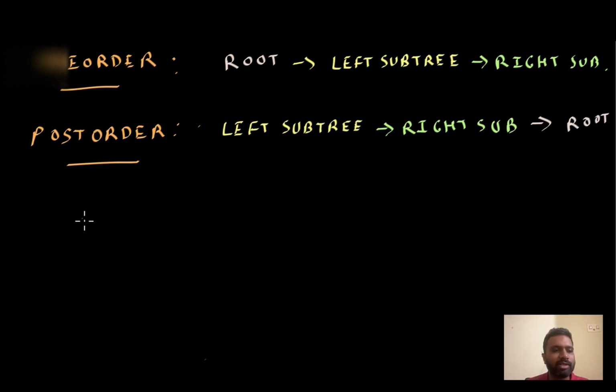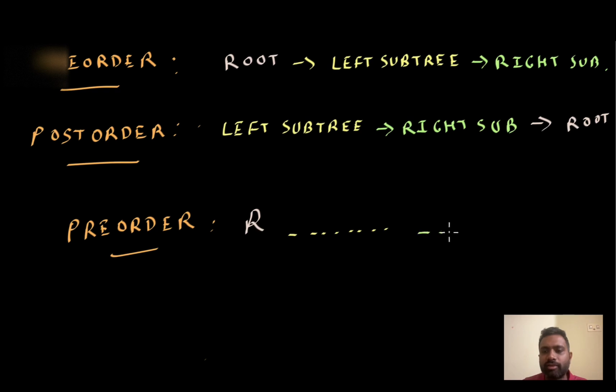So given a pre-order and post-order traversal of some tree, how many things you can identify? Let's check it. So let me write some sequence. So first will be root. So from a first node of a pre-order, I will identify the root. That is easy. Then some subsequent nodes will be there. That is for a left subtree. Let me denote it with a yellow color. Then again there will be some subsequent nodes which will be for a right subtree. So let me denote it with a green color.